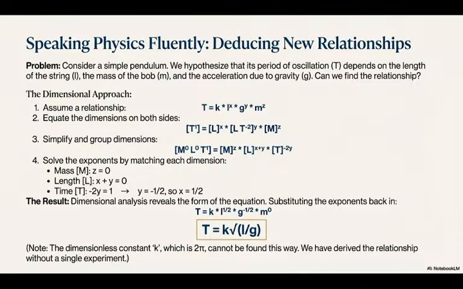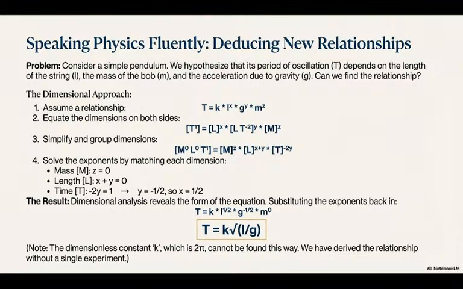You see here, assume a relationship T is equal to k l to the power x, g to the power y, m to the power z, right? Equate the dimensions on both sides. This is the dimension of T to the power 1. This is the dimension of this one, that is L to the power x, g is L T to the power minus 2 to the power y, mass to the power z, right?